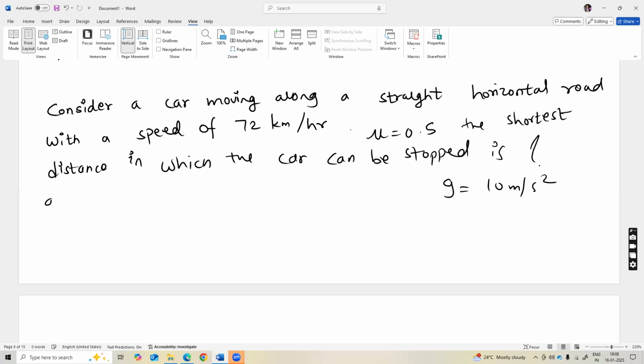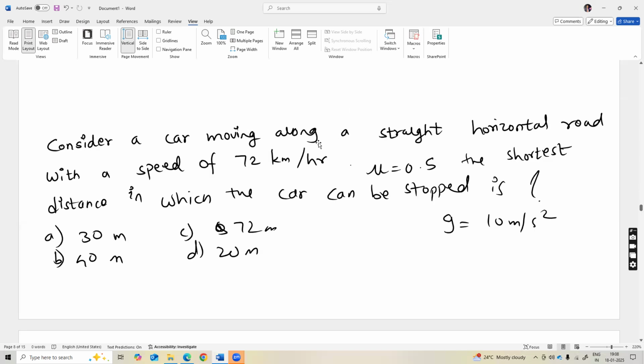Options are A 30 meter, B 40 meter, C 72 meter, and D 20 meter. Take 1 minute and try to solve this. I think this is also a similar and easier question.